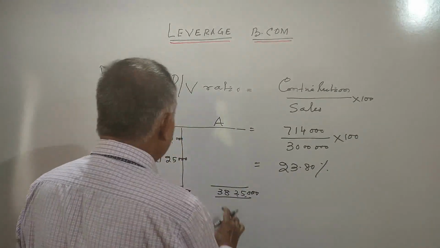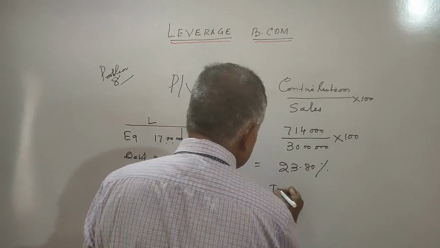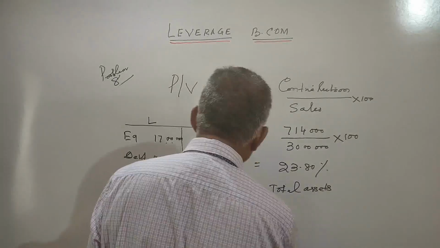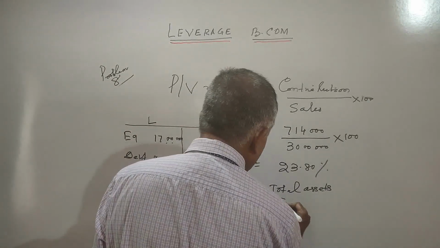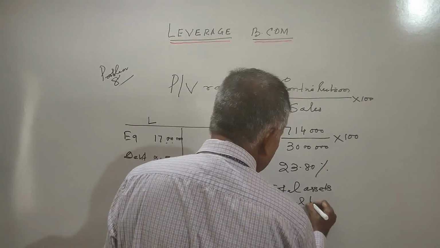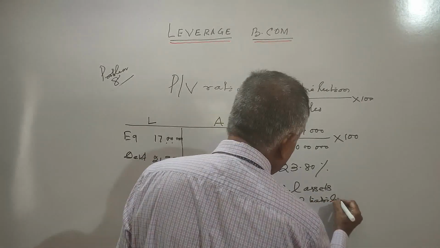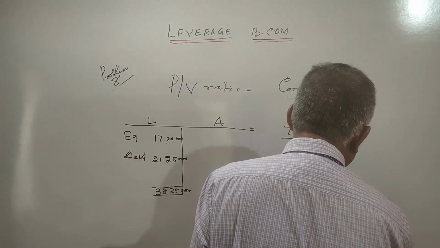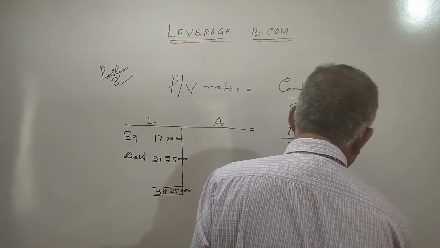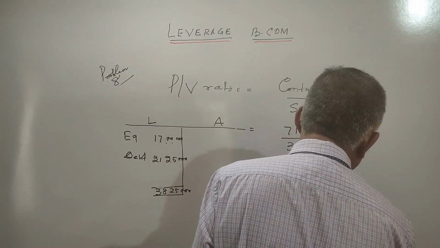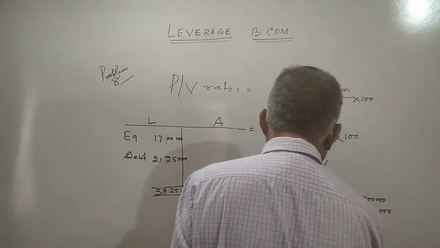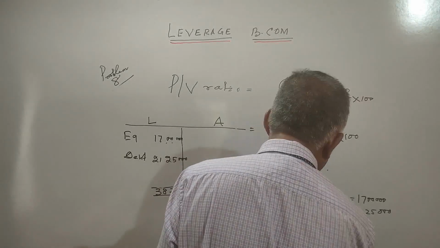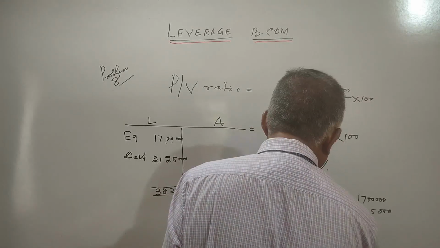So in this way we can find out the total assets. Total assets equal total liability, which equals your equity capital plus debt, both the total coming to 38,25,000.